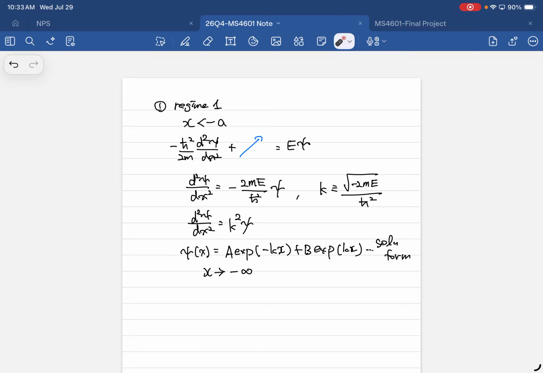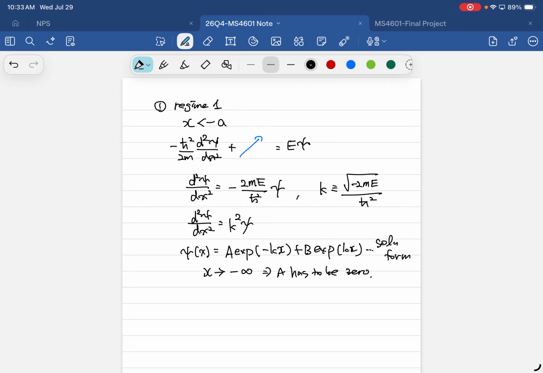What does it mean for probability to be infinity? That doesn't make sense, right? Are you following my logic here? Because it blows up, the only condition that makes sense is that a has to be 0.